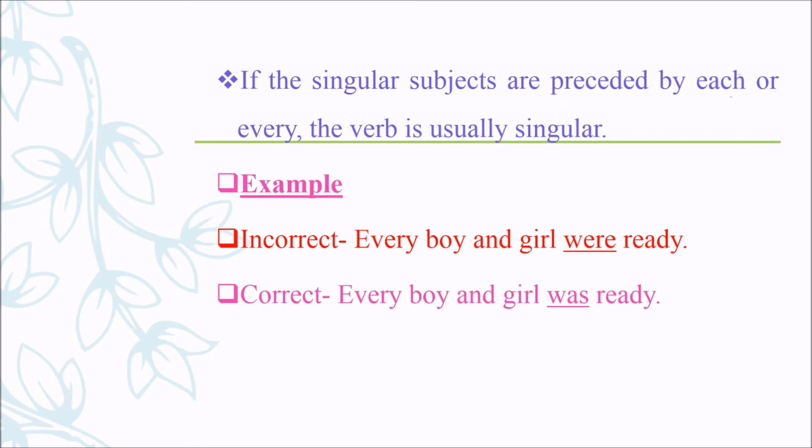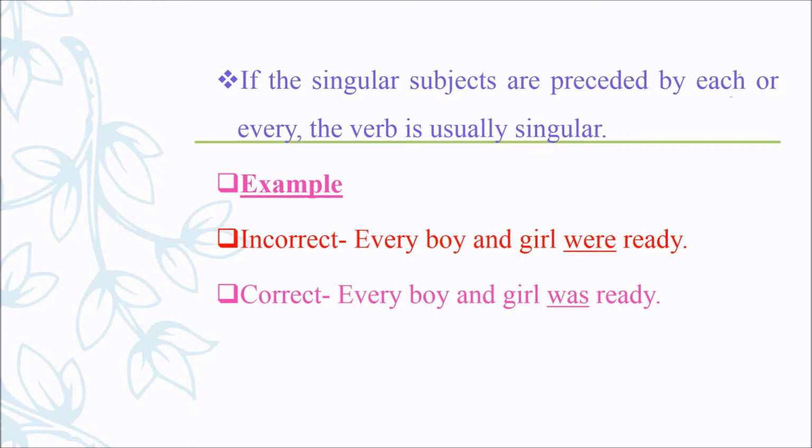Then move on to the next rule. If the singular subjects are preceded by each or every, the verb is usually singular. Now look at the first sentence. Every boy and girl were ready. Is that correct sentence? No. The correct sentence is every boy and girl was ready. Why?